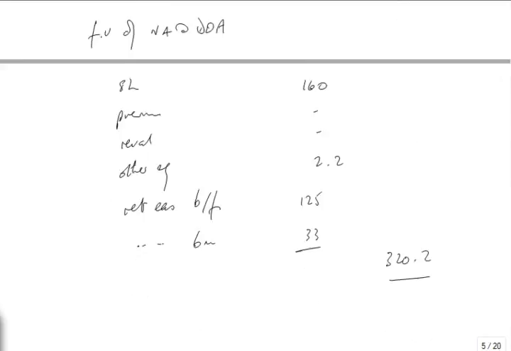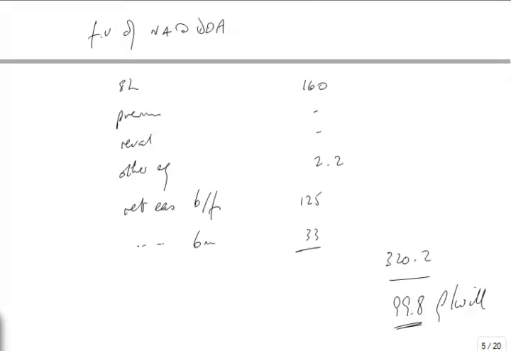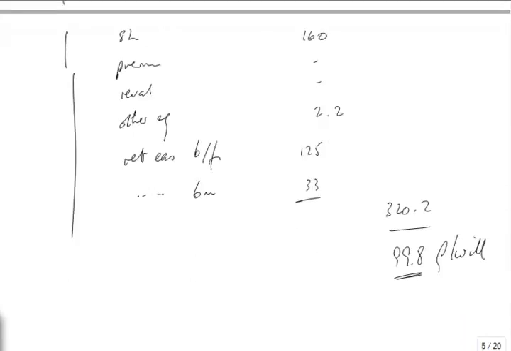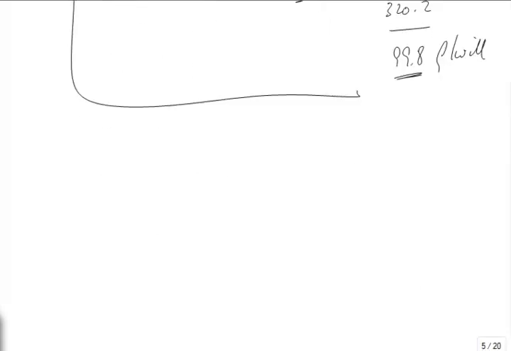Compared with 420, that's 99.8 is the goodwill. And we don't need that. It actually tells us we don't need that figure. Do not calculate goodwill. So anything from there downwards is unnecessary. You do not need that. That was me doing it for your benefit. If you had been asked to calculate goodwill, then there it is.